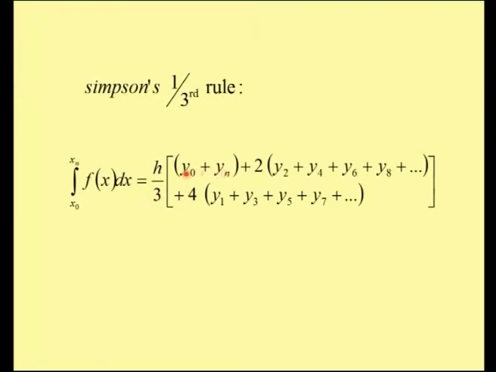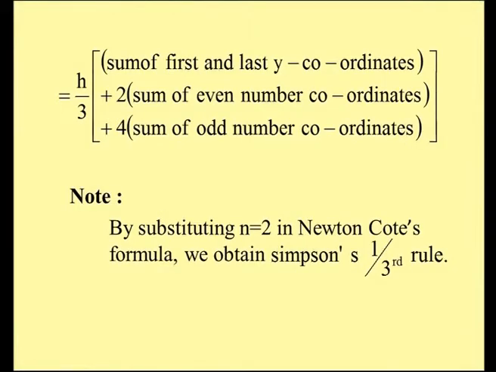Y naught plus yn, always the sum of the first and last ordinates, plus 2 times all even ordinates, y2 plus y4 plus y6 plus y8 plus etc., plus 4 times all odd ordinates, that is y1 plus y3 plus y5 plus y7 plus etc. You can say the sum of the first and last y coordinates plus 2 times the sum of the even coordinates plus 4 times the sum of the odd coordinates. Relating to the Newton-Cotes quadrature formula, by substituting n equal to 2, we obtain Simpson's 1/3 rule.